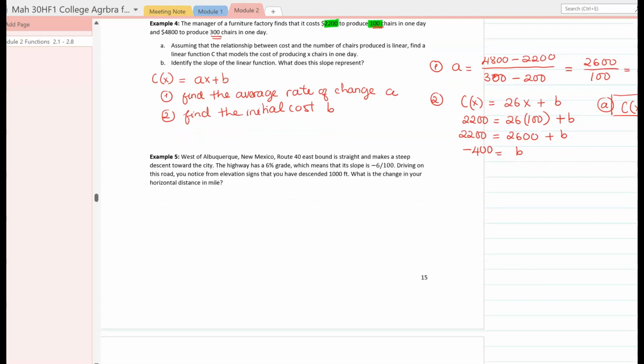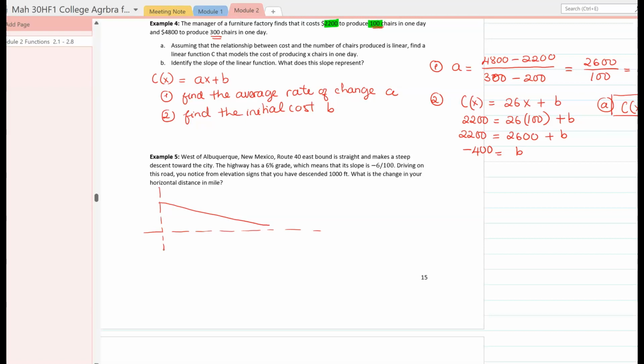So let's draw a picture. Let's say you travel down the hill this way and start in here. It's telling you that the slope is negative 6 over 100 because it's decreasing.